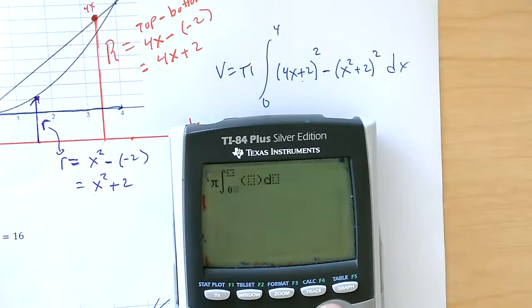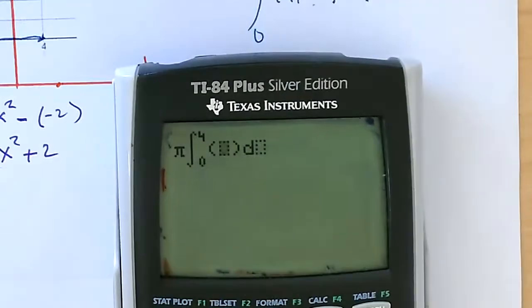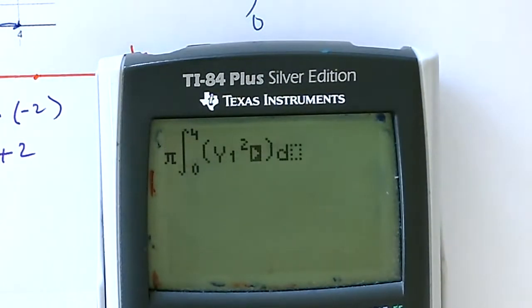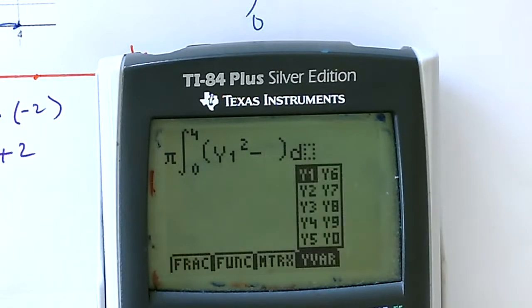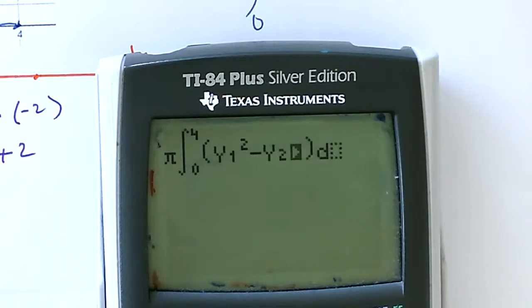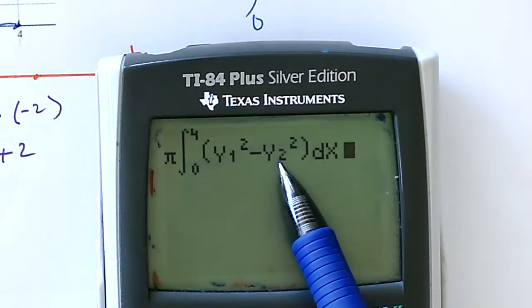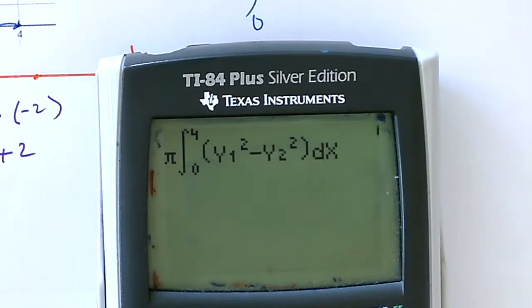I'm going to go from 0 to 4. The big R, I put it in y1. So let me get my y1 and square it. And I'm subtract. My little r, I put in y2, but I got to square that. And so I'll verify that. That's where I put the big R, and that's where I put the little r. And that'll be my answer.